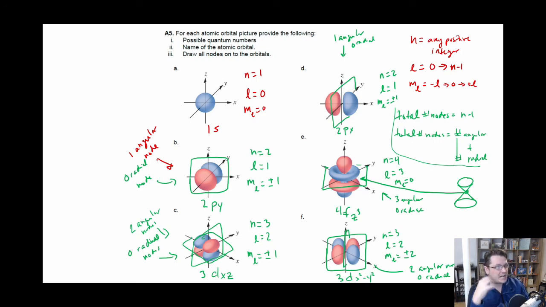Does it have a z component to it? Is it only z? If it's only z, then m sub L is equal to 0. Is there a little bit of z in there? Then that becomes a different number. And if there's 0 z, if it's all strictly along the x and the y axis, then that's going to be your maximum m sub L value. And then you just have to figure out what degree of z contribution you have in those cases. But that's how you approach A5.